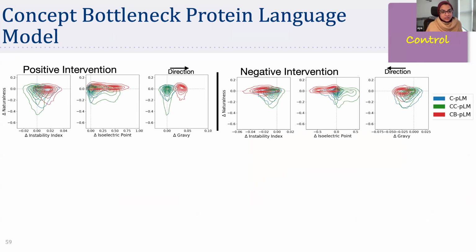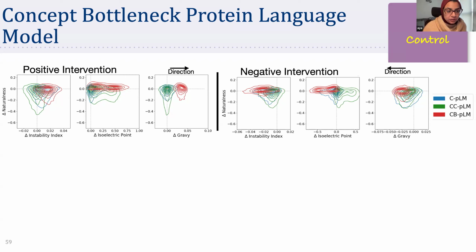If we look at the shift in the distribution, here we had the original distribution and we shifted a property positive and negative. So the original distribution will be the dotted line here. And then you would want the positive to go to the right and negative to go to the left. So here, concept bottleneck is the red model.